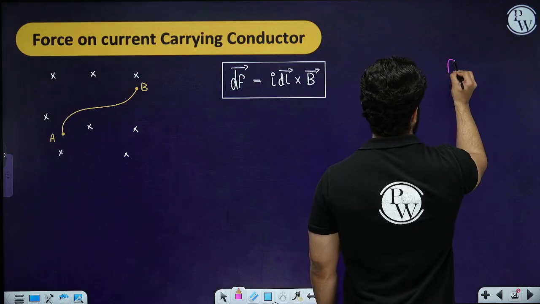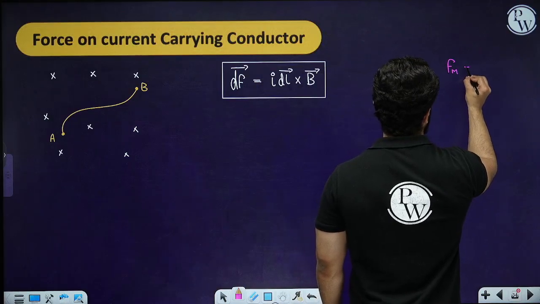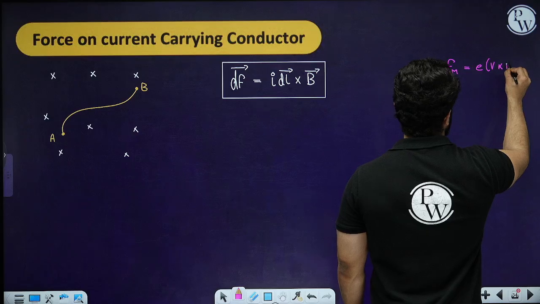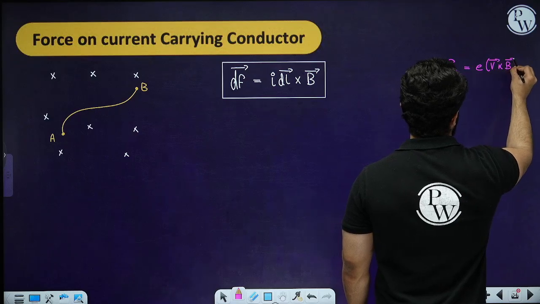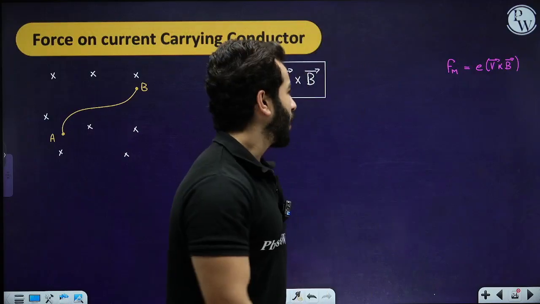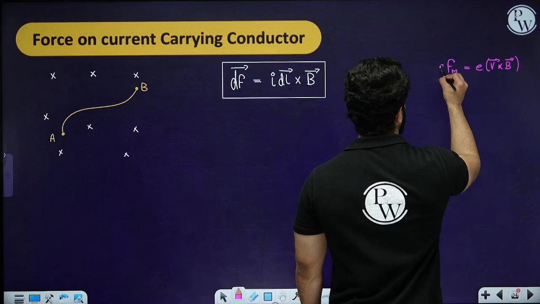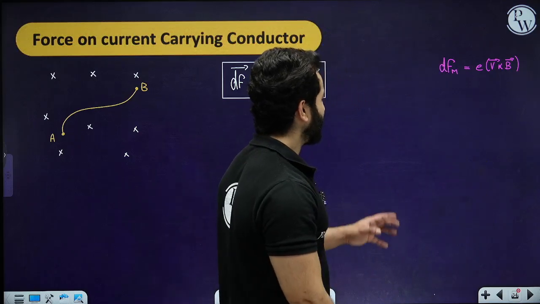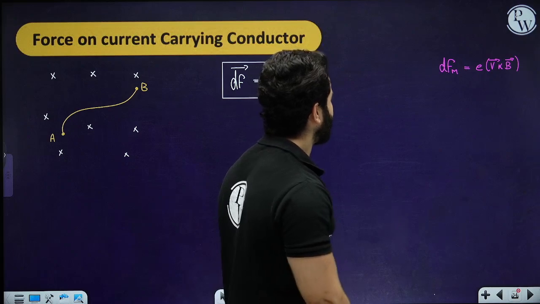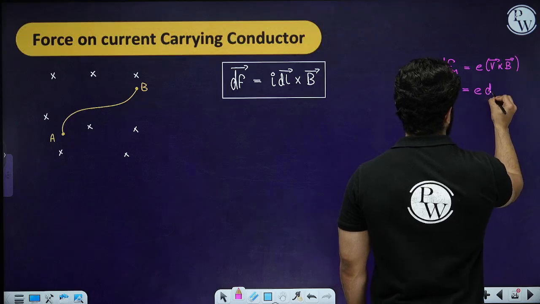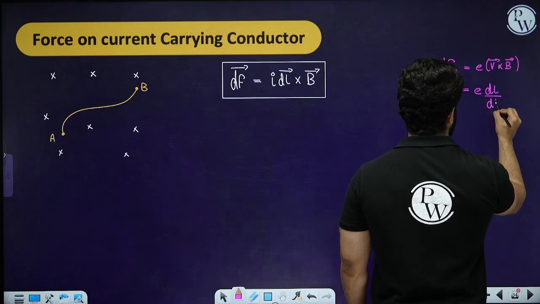We'll use nothing but magnetic force. Magnetic force on one electron will be e v cross B, right? Is that clear? Because we are talking about one electron, let's just write it as dF. Now this v can be written as dl by dt.